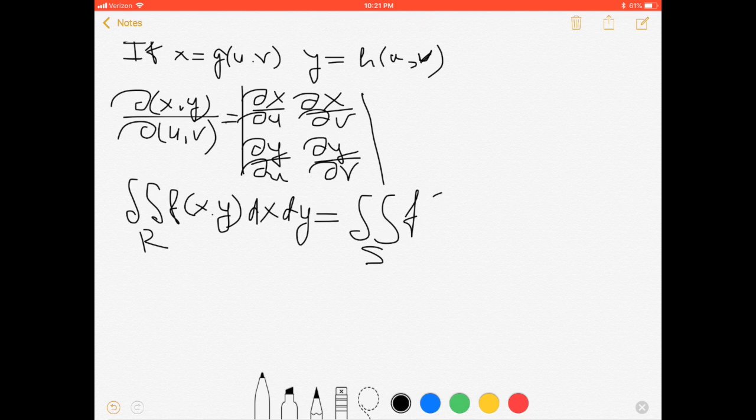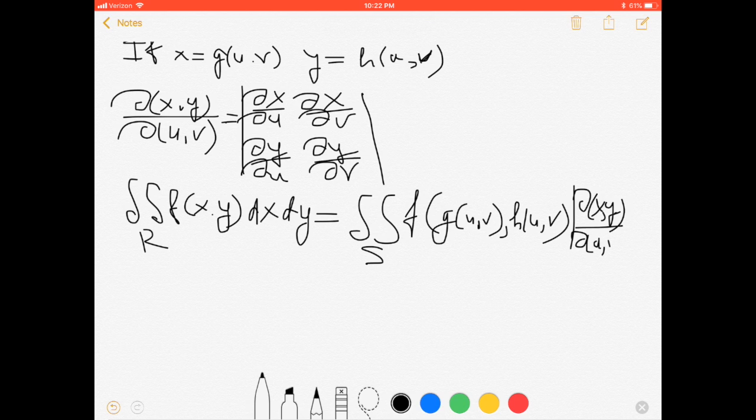It will be f, where for x we plug in g of u, v, and for y we plug in h of u, v. Then we have the absolute value of the Jacobian of x, y with respect to u, v, and then we have du dv.